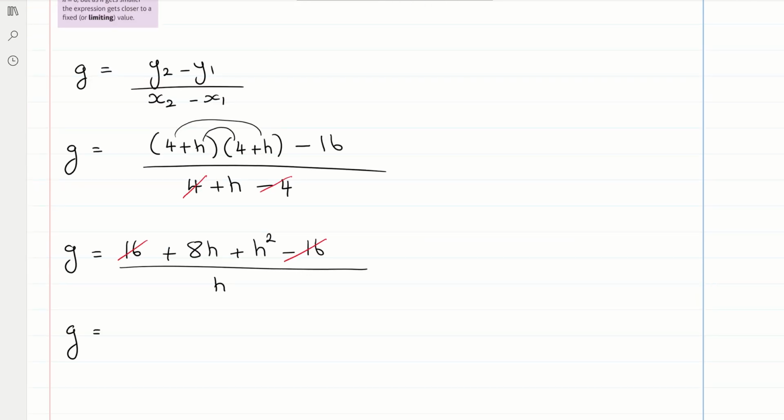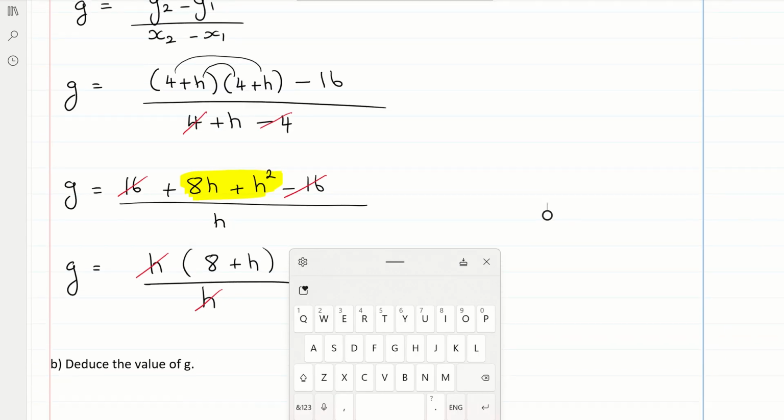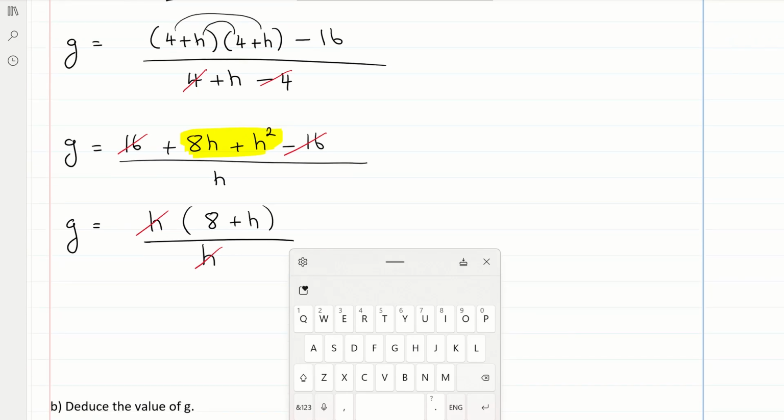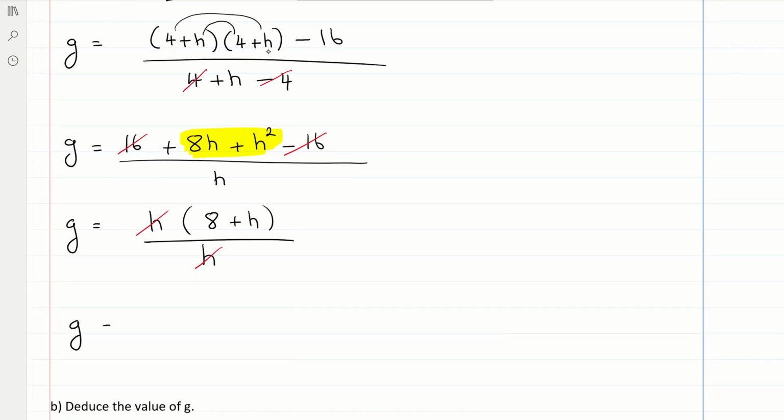And I'm left with 8h plus h squared, which I can factorize. So I factorize the h out, and I get h(8 plus h) over h. And h divided by h is 1. So I have now shown that the gradient is in fact 8 plus a very, very small distance.